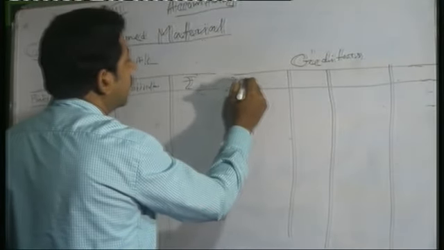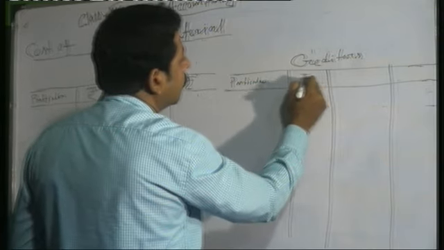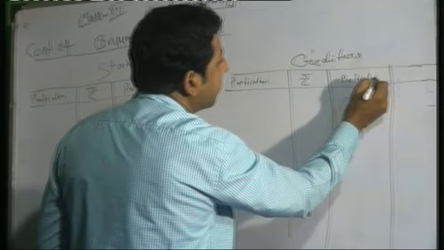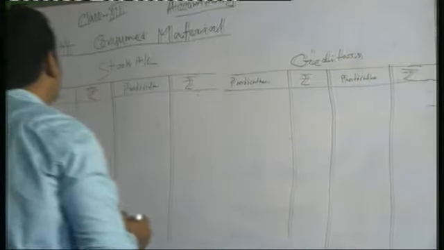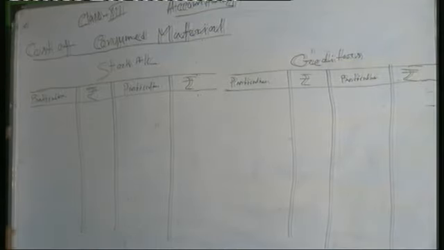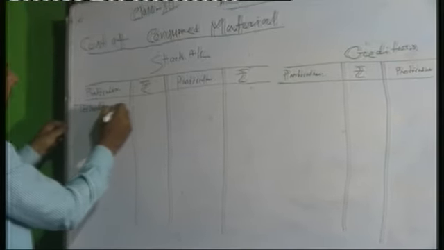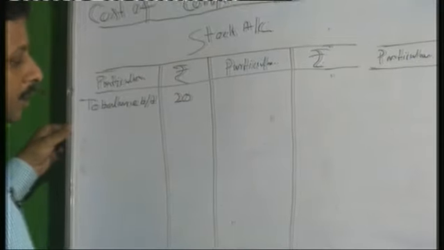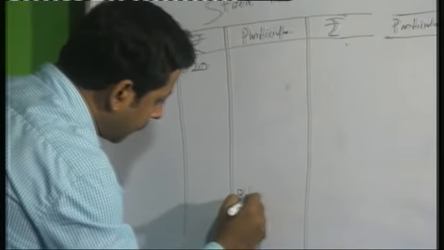Particulars, rupees, particulars, rupees. In the stock account, in our story we have seen our opening balance is 20 because there were 2 chocolates, and the closing balance is 10.